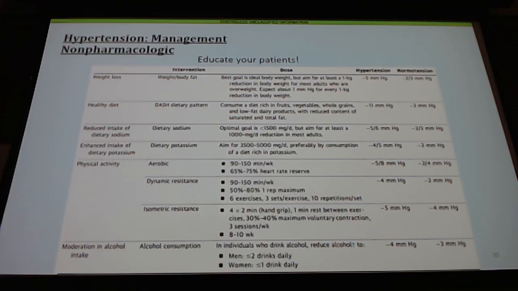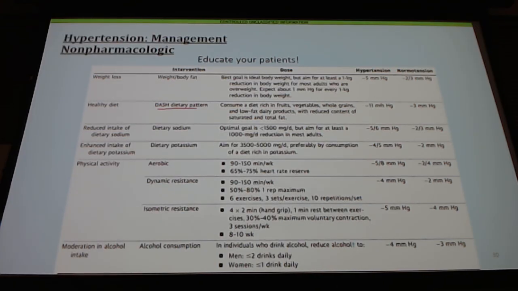Two, maybe we only need one agent instead of adding a second. Or three, maybe we don't need to treat this with medications at all if they abide by these lifestyle changes. And the lifestyle change shown in the literature to have the most profound impact is the DASH diet.